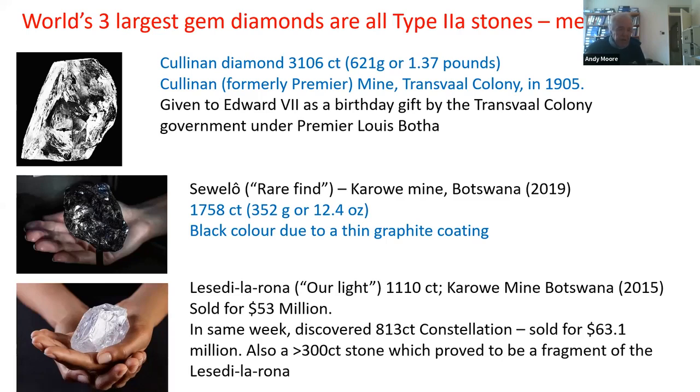One of the other characteristics is that they often have graphite as an inclusion, but other inclusions which might link them to one or other mantle paragenesis are rare. And because of this, the origin of these diamonds has long been enigmatic, and one of the important reasons is that inclusions are very rare in these stones.